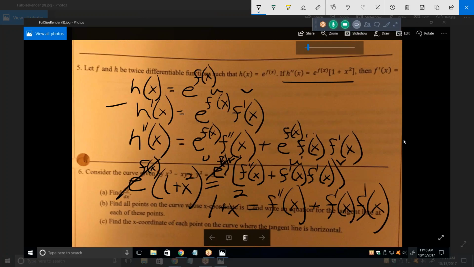What do you think f prime of x is? Figure it out from just looking at that. What would make that true?